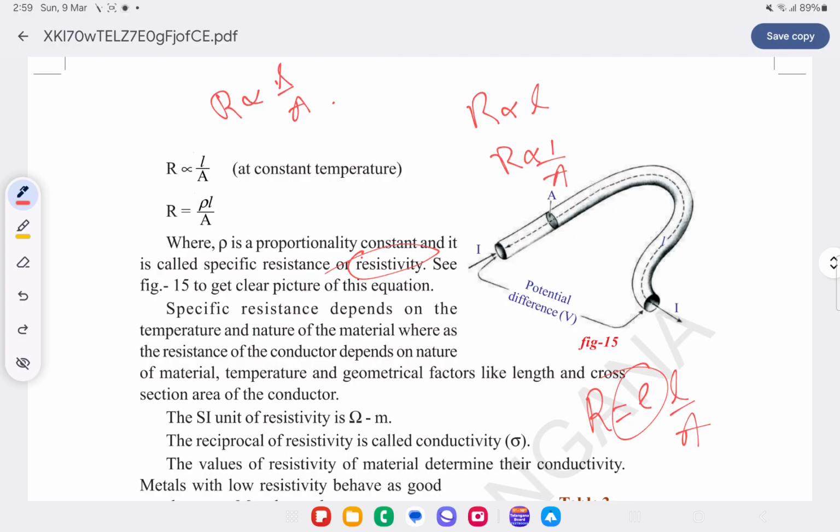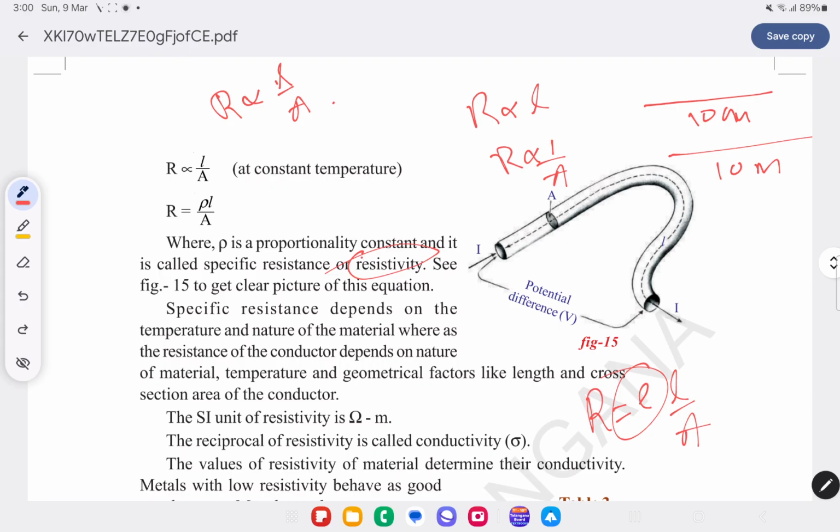So what is this rho? The rho is the inbuilt property of material. See, resistance depends on length, diameter, but resistivity does not depend on length or diameter. Right? Suppose I have one conductor of 10 centimeter made up of iron, one more conductor of 10 meter made up of iron.